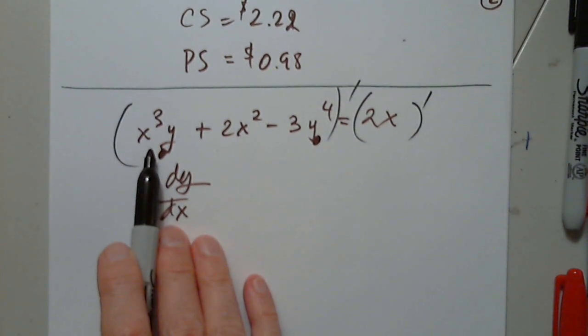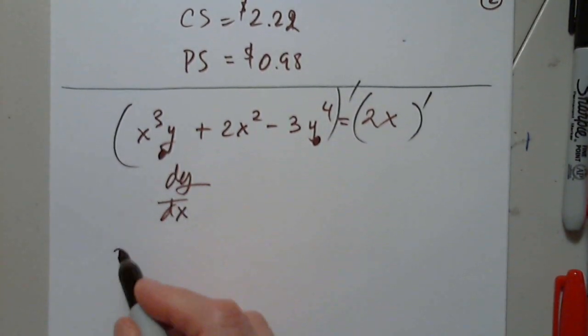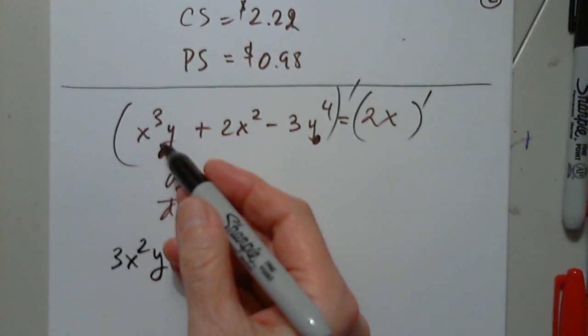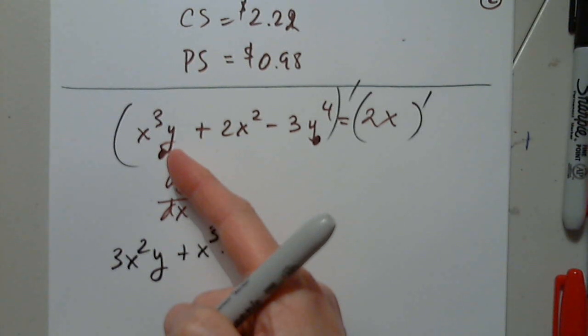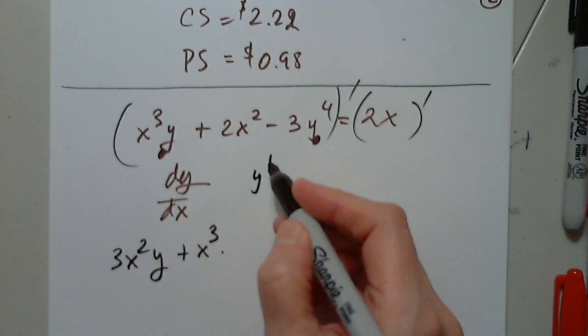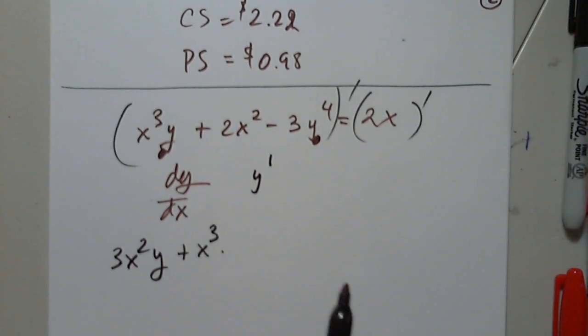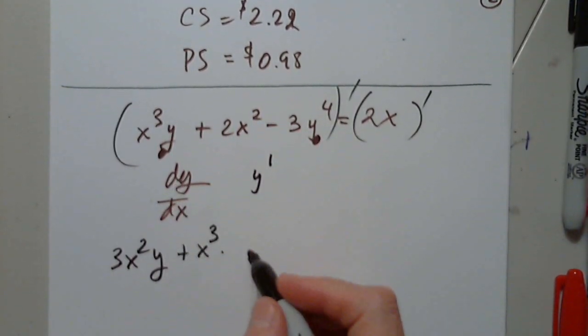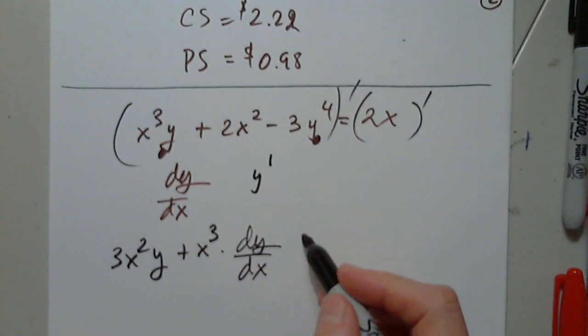here I have to use the product rule. X cubed prime is 3x squared times the other function, plus x cubed. Please do not write y prime because it may get lost in the translation, so please use this notation, dy over dx. When I differentiate this, there is no problem.